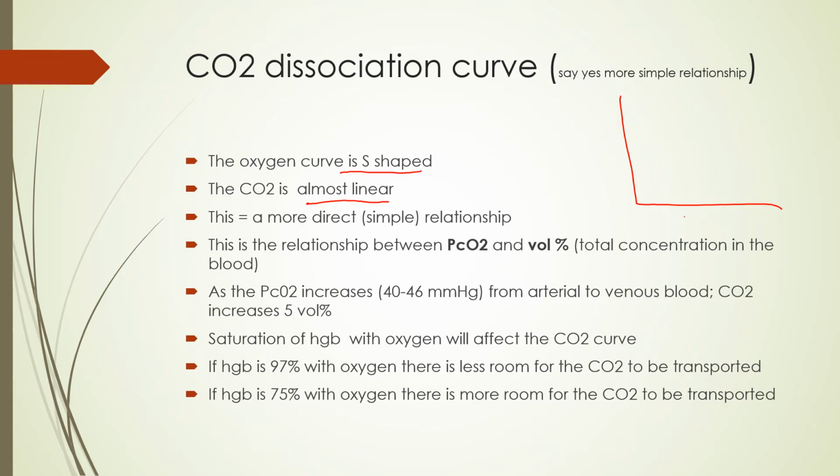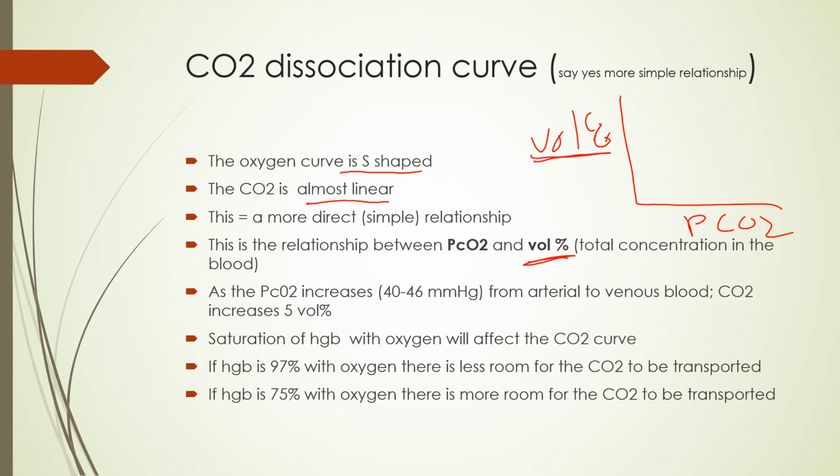We're going to have PCO2 on our x-axis, so it's still pressure, and then on our vertical axis it's not going to be saturation, it's going to be volume percent. Instead of saturation, it's volume percent, because remember, there is some that goes to the hemoglobin site, but most of it's on the bicarb, so that's why it's in volume percent instead of saturation, right?